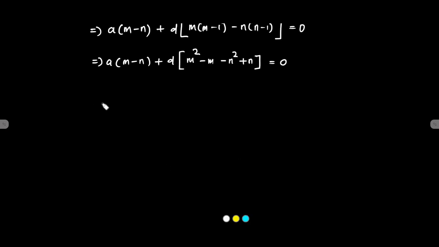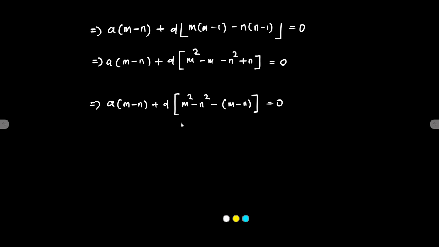That implies A into m minus n plus D into m square minus n square minus m minus n equals 0.